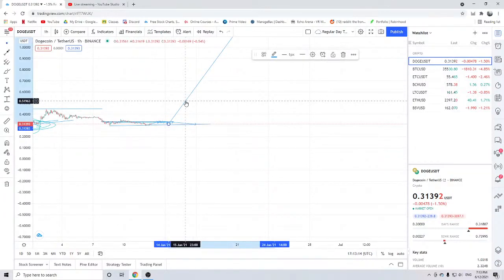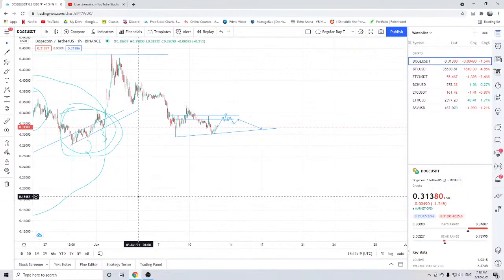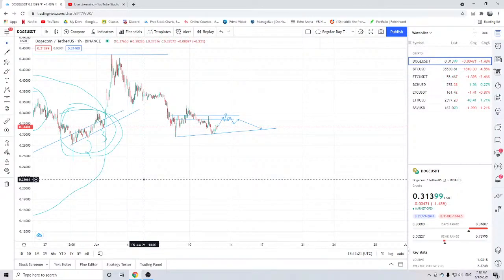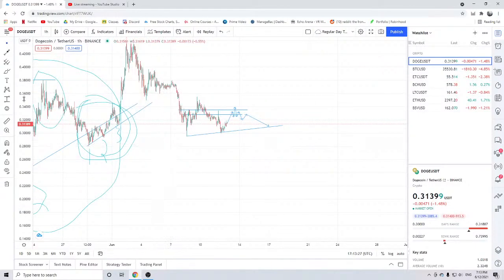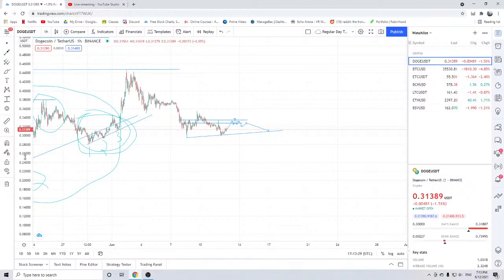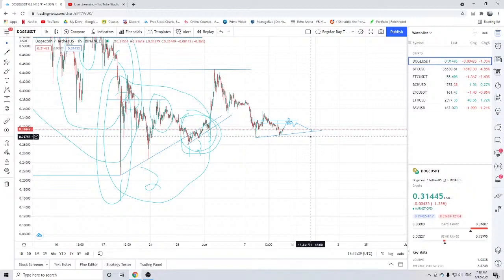I'm not saying it will do that now, definitely not, but it will do that soon. Maybe the latest it will do that is in 3 weeks. Probably won't happen in 3 weeks. I'd say probably approximately 2 weeks, honestly. So, yeah, that's basically the Dogecoin.